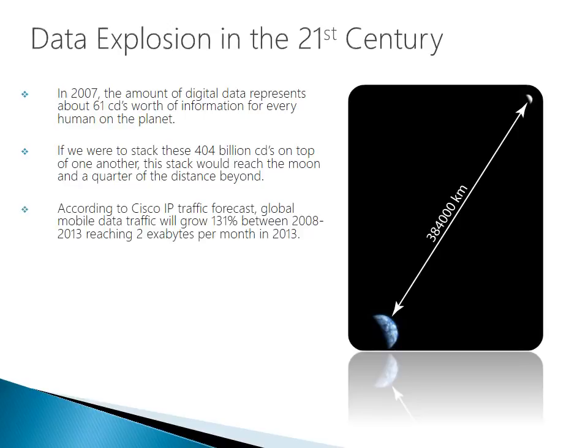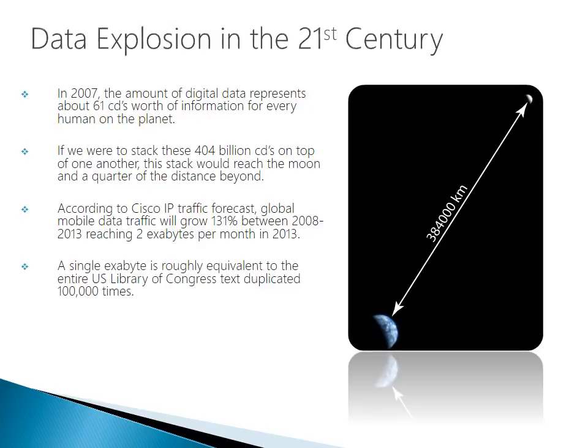According to Cisco IP traffic forecast, global mobile data traffic will grow 131% between 2008 and 2013, reaching 2 exabytes per month in 2013. A single exabyte is roughly equivalent to the entire U.S. Library of Congress text duplicated 100,000 times. This is just an incredible amount of information.